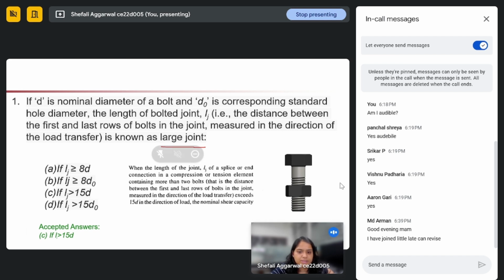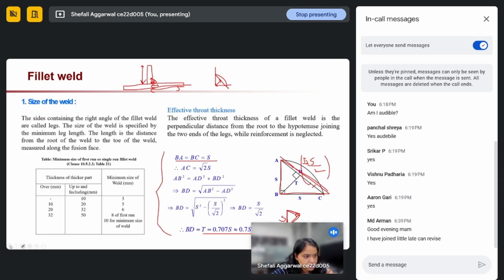So this is given in our IS 800 only. When the length of joint exceeds 15d, then we call it a long joint.